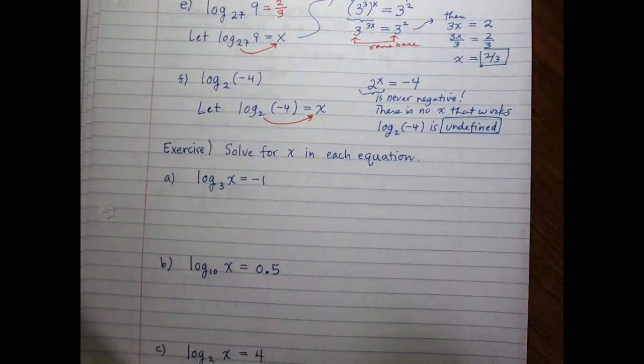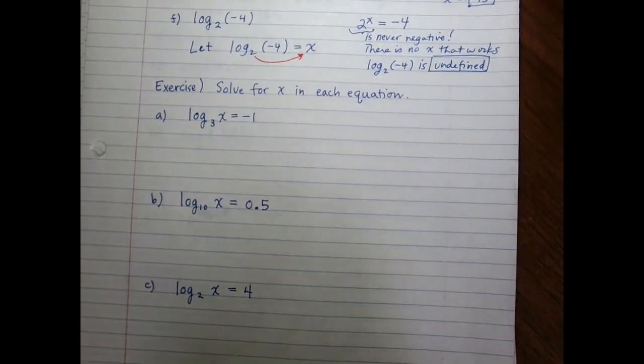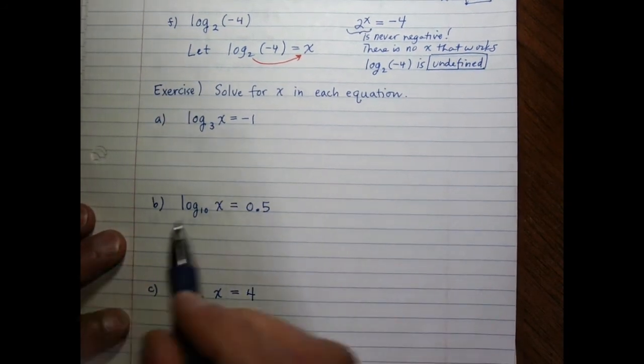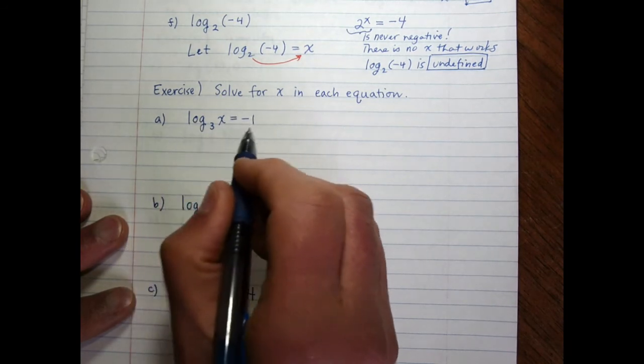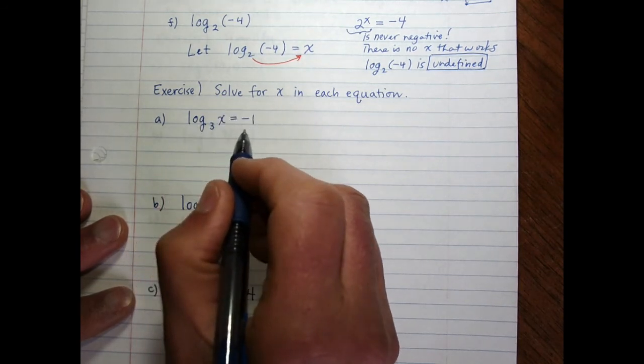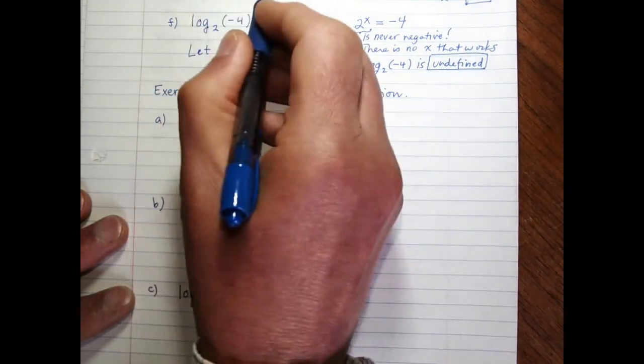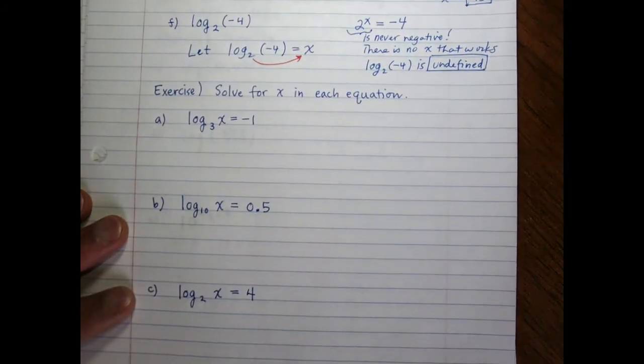Now I'm going to do a few solve for x problems also. And here, notice we already have a log equation set up, so I didn't have to let something be equal to x. x is already involved.